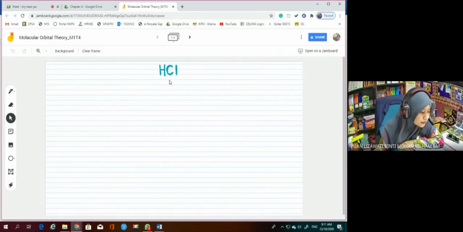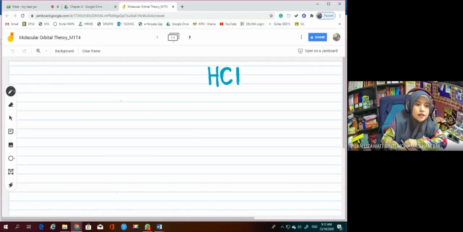It says: use valence bond theory to explain the bond in HCl and show how the bond is formed by the overlapping of atomic orbitals. Alright, so first you have to draw the Lewis structure.